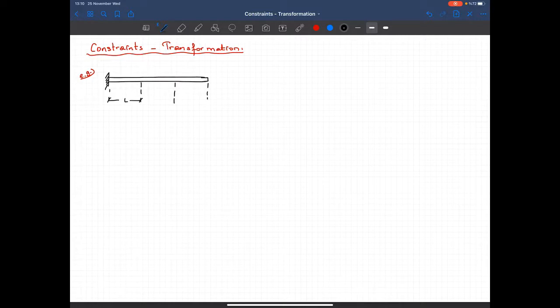Each of them has length equal to L. And I'm applying an axial load that's equal to P. Another axial load here that's equal to P, and another axial load here that's equal to P. Now let's assume that each member has an axial rigidity equal to K. Let's label the points.